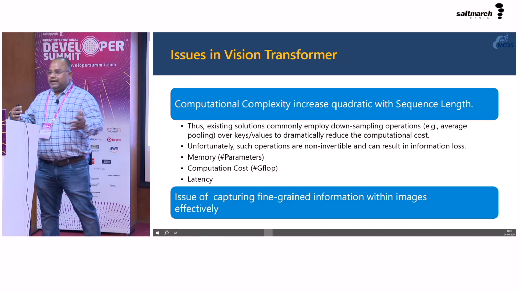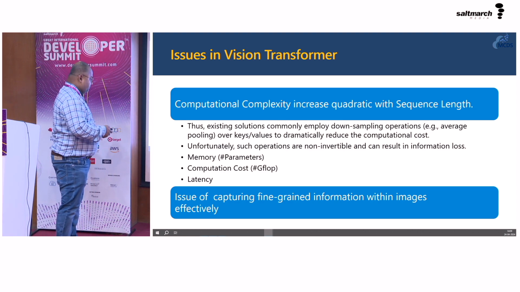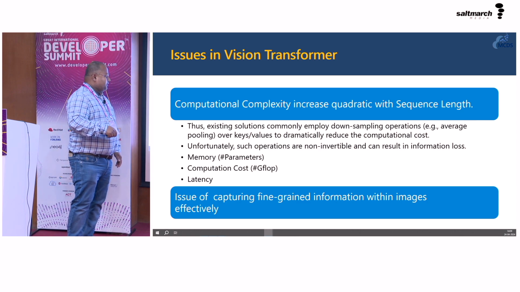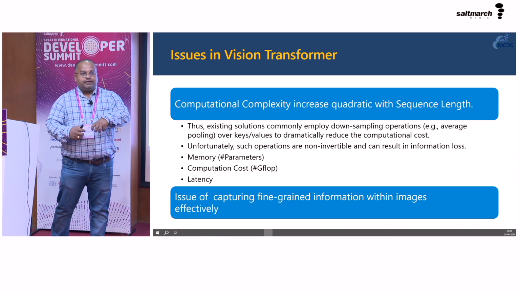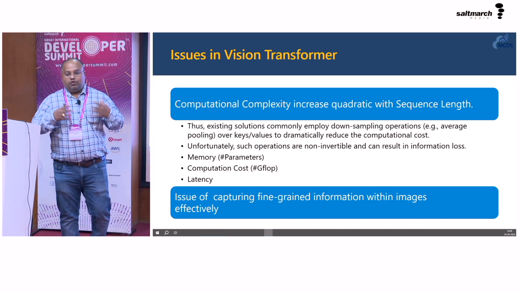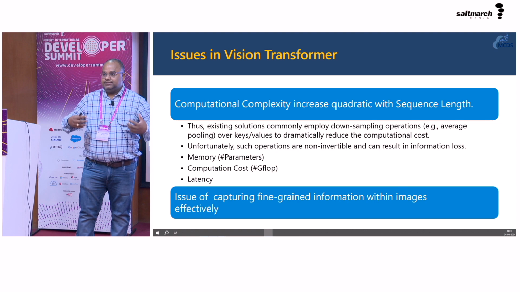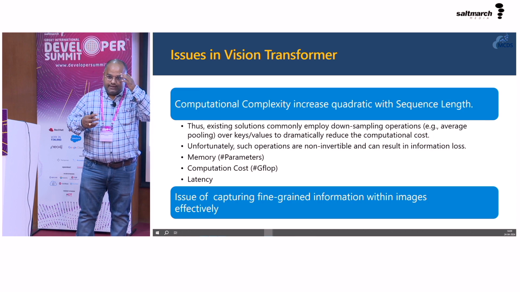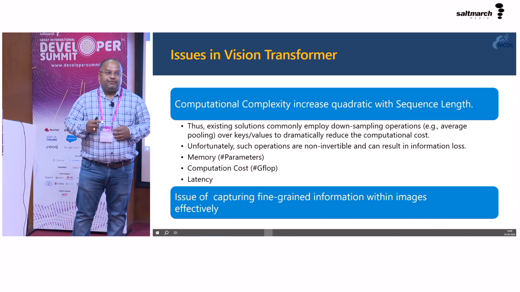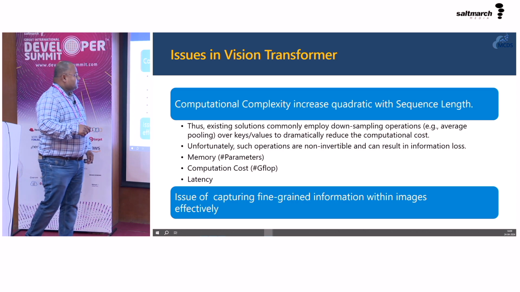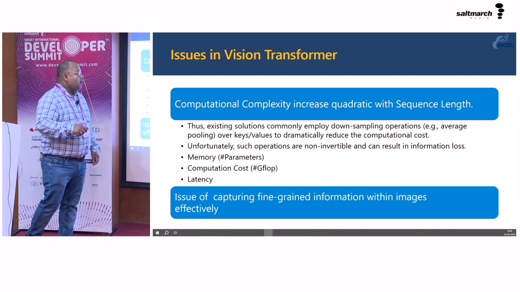If the latency is more than that, nobody will purchase my product. Also, in recent tasks, models are not able to capture fine-grained information, such as low frequency information versus fine-grained details. The main cost is the quadratic sequence length. How should we reduce that?